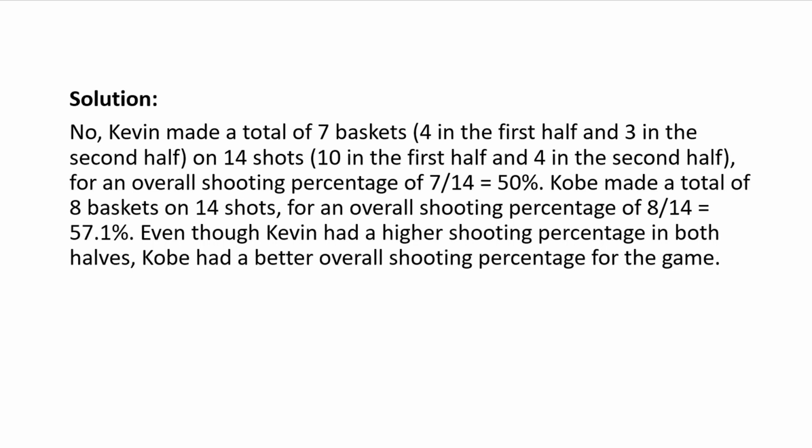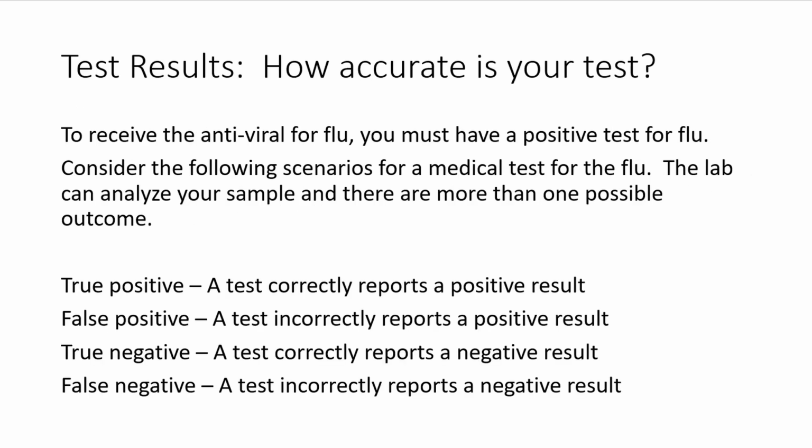Kobe made a total of 8 baskets on 14 shots, for an overall shooting percentage of 8 divided by 14, which computes to 57.1%. Even though Kevin had a higher shooting percentage in both halves, Kobe had a better overall shooting percentage for the entire game.